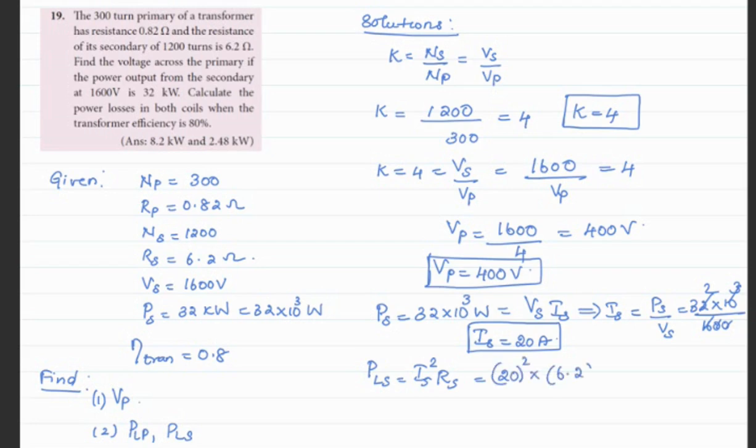So 20 square into 6.2 is equal to 2480 watt, which is equal to 2.48 kilowatt. So the power lost in the secondary is 2.48 kilowatt.